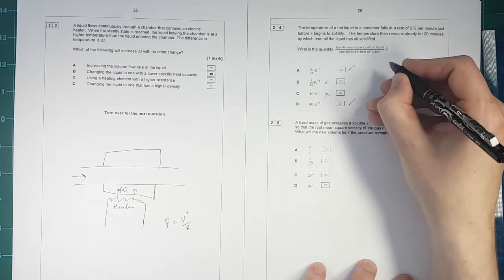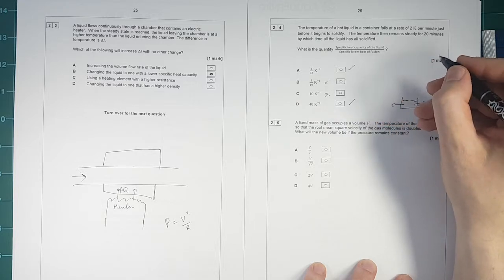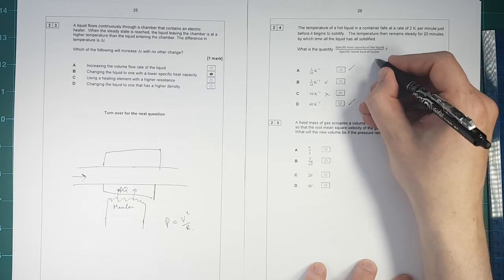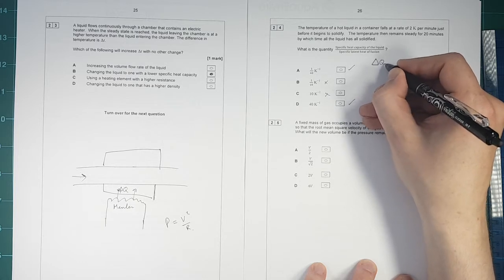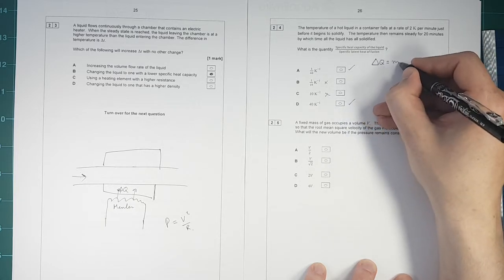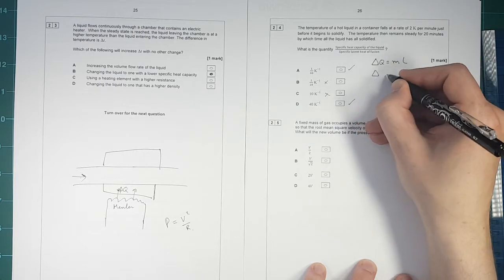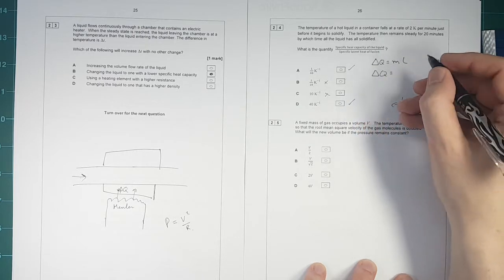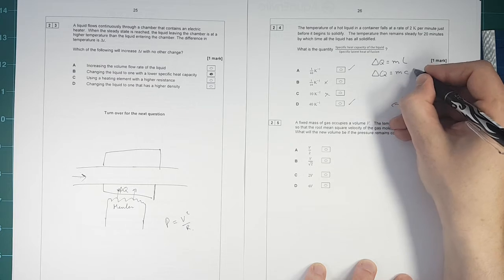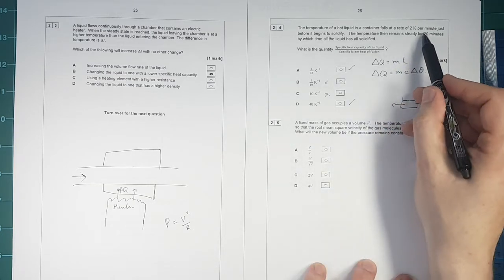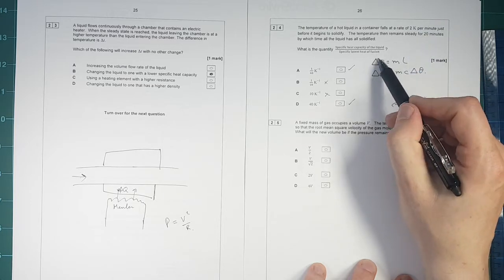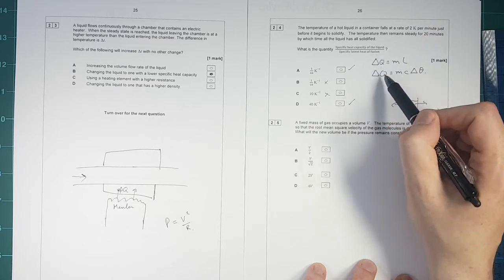So let's think about this. We've got delta Q equal to ml, and we have delta Q equal to mc delta theta. So in 20 minutes, those two values are going to be the same.